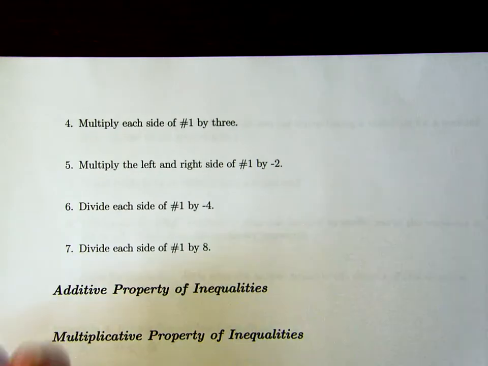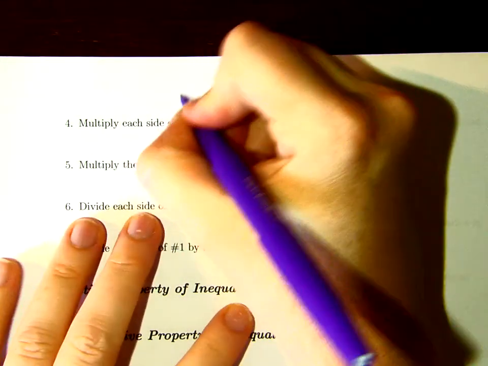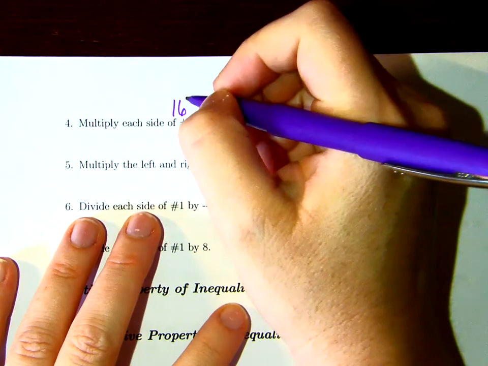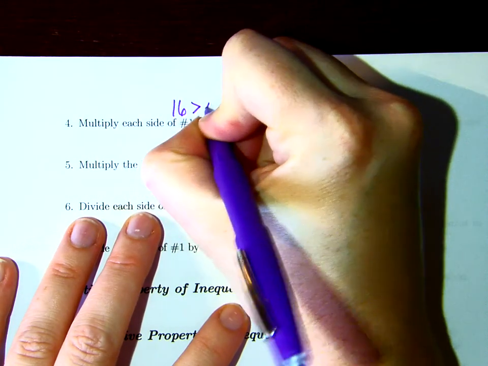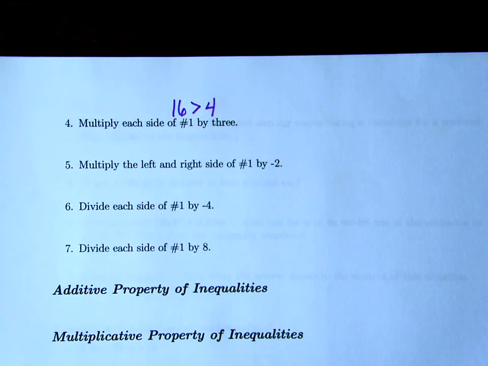Number 4 says multiply each side of number 1 by 3. Well, here's the thing. Number 1 was the inequality, so just to make sure we have this jotted down correctly. That was the inequality in number 1.